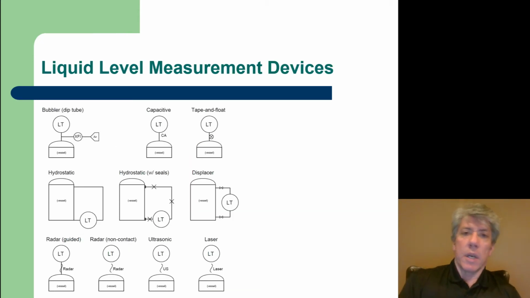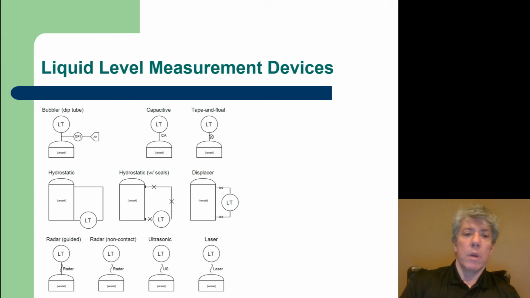There's many different things that have to be controlled, and the most common ones are temperature, flow rate, and level. Those are probably the most common items that have to be controlled and that are shown on a piping and instrumentation diagram. So we see several different symbols for indicating different types of liquid level measurement devices, and one way to measure liquid level in a tank is by pressure.